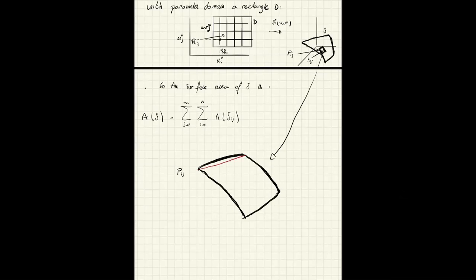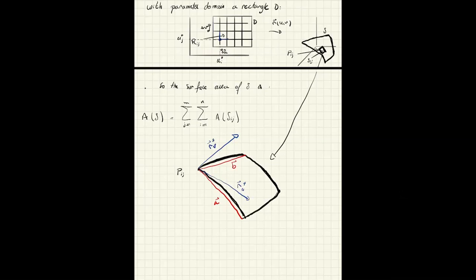You will have two small vectors, A and B, and you will have tangent vectors. When you move along here, you will have R V at the point U star, V star, and here you will have the vector R U star. So these are really different vectors.